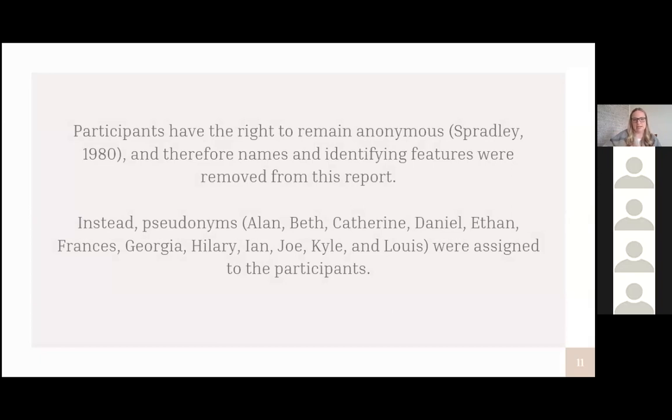Catherine and Ethan were the nursing learners, so you'll see them a number of times, and the other folks are parents or educators or medical learners. I de-identified the information because each participant has the right to remain anonymous. I just removed all of their identifying features from my research.